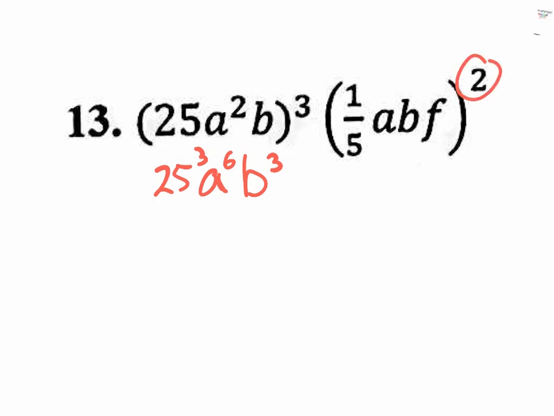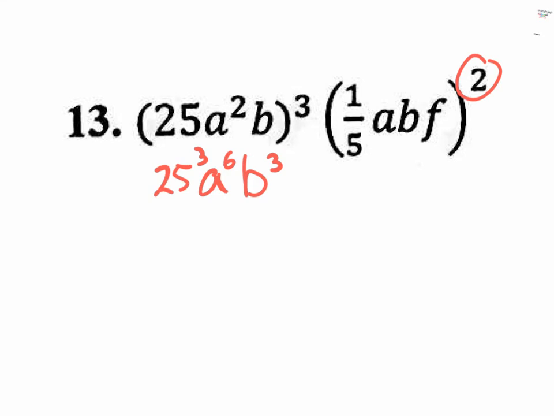And then we're going to distribute the 2 to each and every exponent. Now, a lot of people get freaked out because there's a fraction here. As long as there's no addition or subtraction, what we really do have is division and multiplication, which is totally fine, because Rule 3 says, if you have parentheses with an exponent on the outside and no addition or subtraction on the inside, you could distribute that outside exponent to each inside exponent, and you have to multiply because of Rule 2, power to a power.